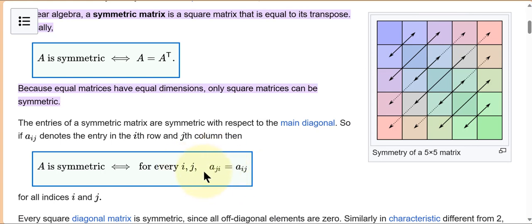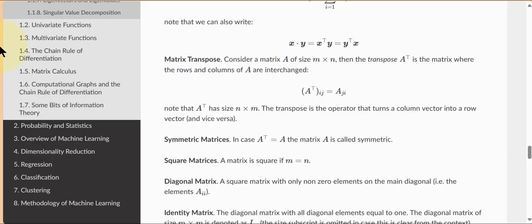By the way, Wikipedia uses a more standard notation for the individual elements. They don't use a capital A, ji. They use a little a, ji. That's more standard than using the capital A to indicate the individual elements, but here he's using the capital A.